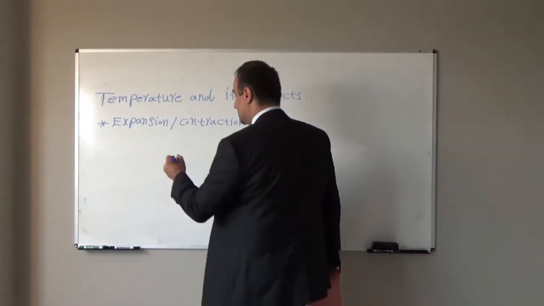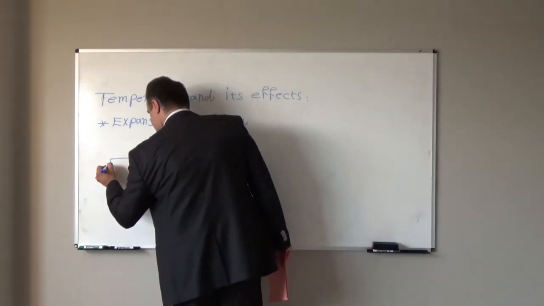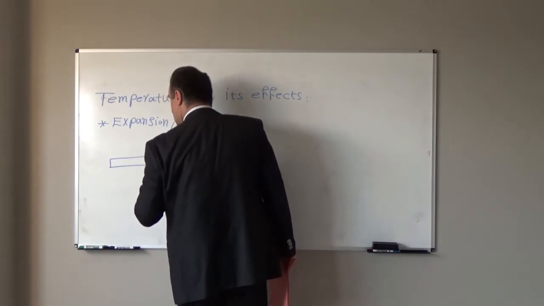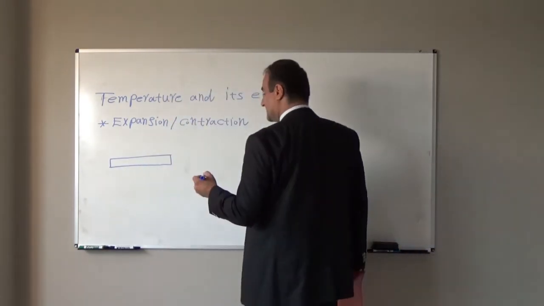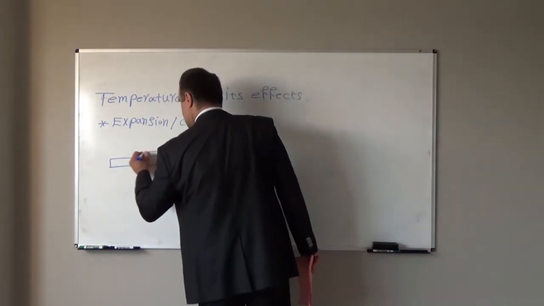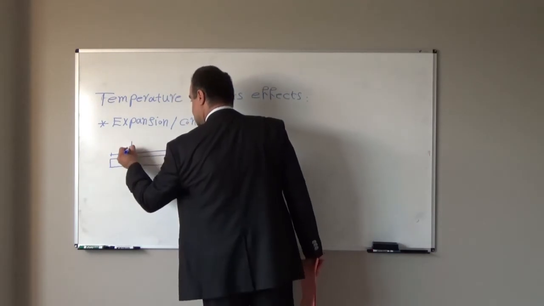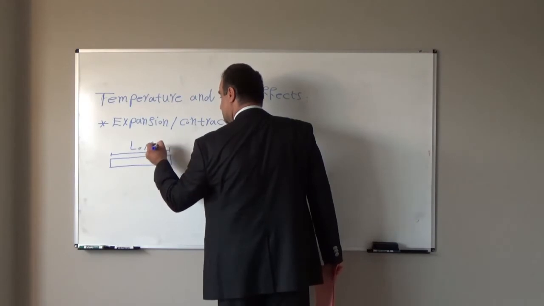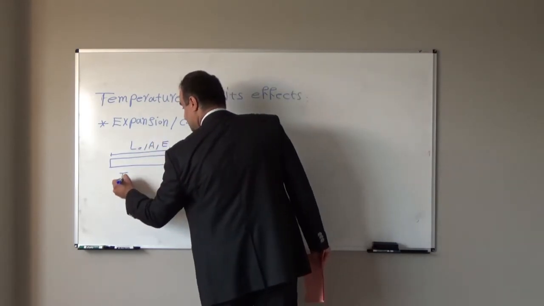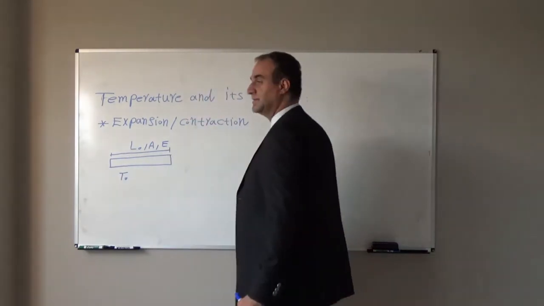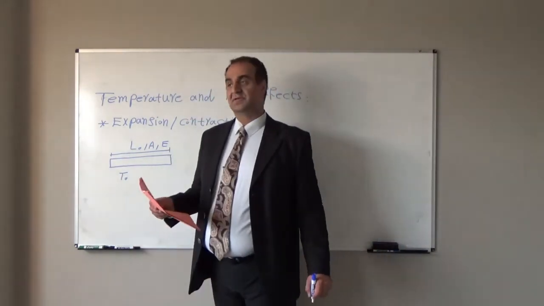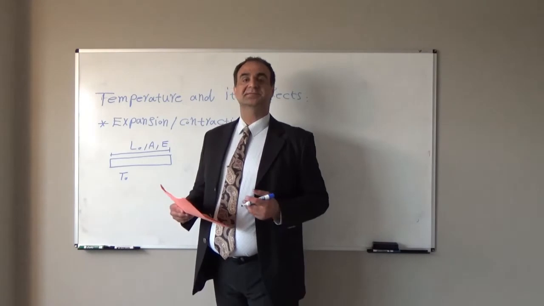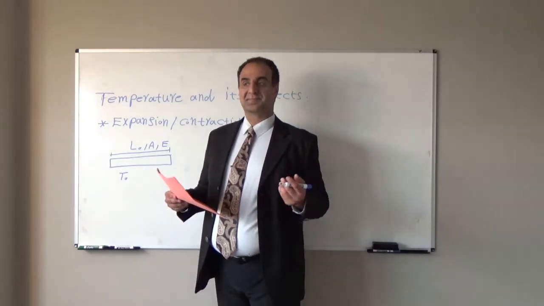For example, assume we have this bar. Let's give dimensions for this. The initial length is L0, the initial cross-sectional area is A, Young's modulus is E, and the temperature is room temperature T0. I increase the temperature, what will happen? The size will increase, we will have expansion.